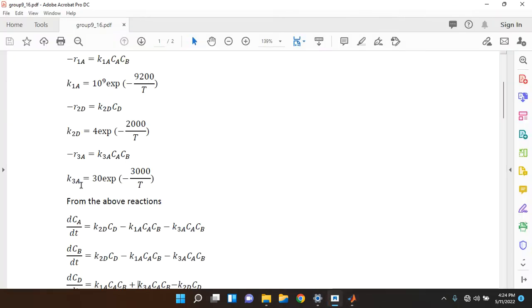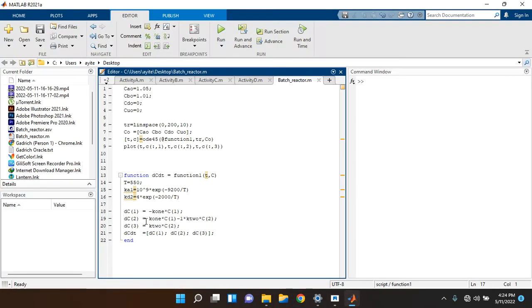And our K3A is 30 exponential minus 3000 over t. K-A3 is equal to 30 times exponential minus 3000 over t.